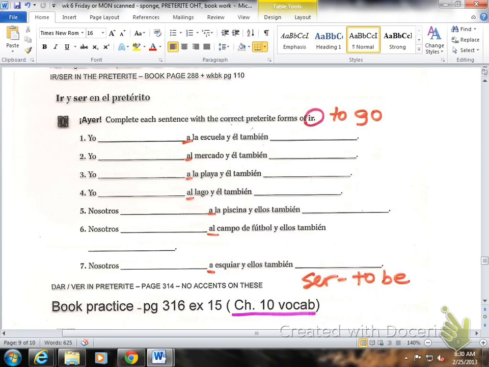Okay. What about 5? First blank on 5. Fuimos, good. And second blank on 5? Fueron, good. So we went where? We went to the pool. They went also.